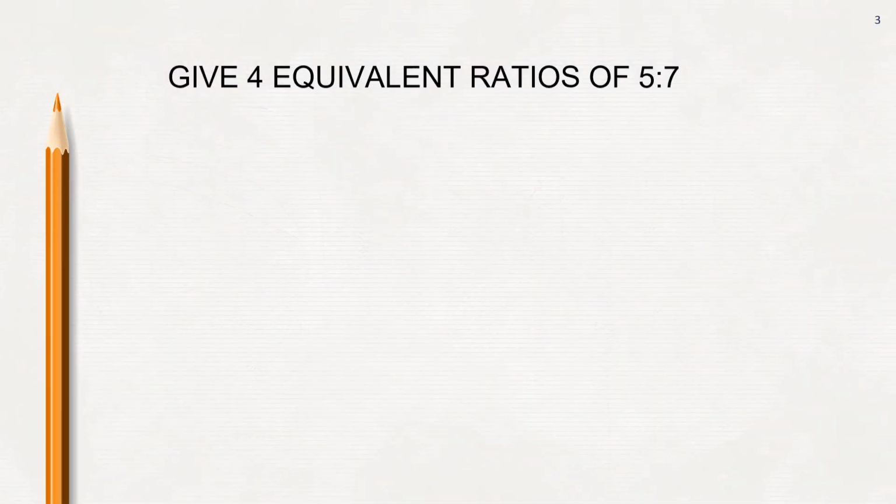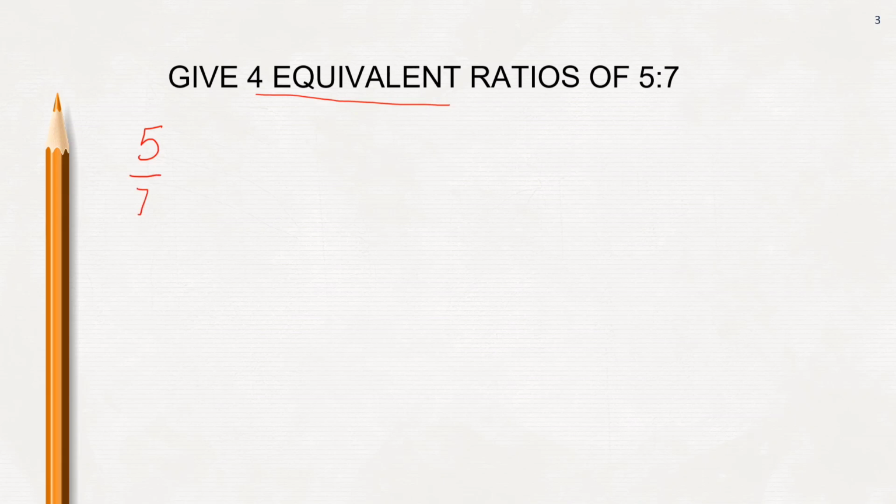Here is one more question. Give 4 equivalent ratios of 5:7. You have to give 4 equivalent ratios. So for 5:7, we'll write one below the other.